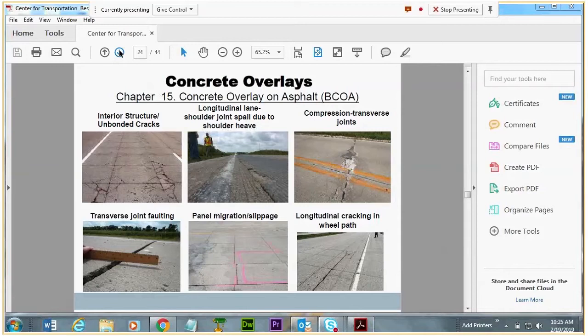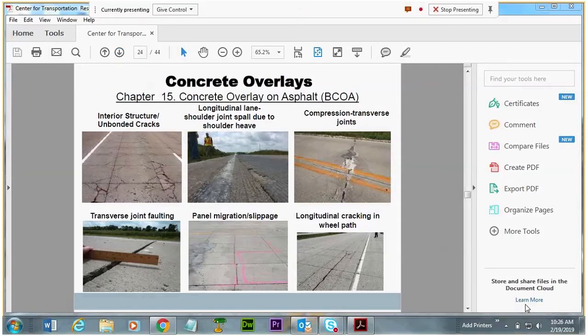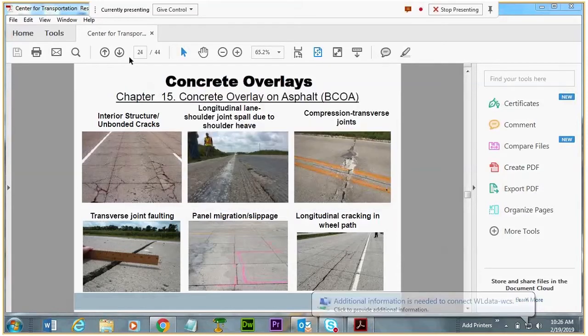You can see down in the lower left-hand corner some transverse joint folding. I know Tom Perham has been interested in that. We've seen some panel migration and slippage with bonded overlays over asphalt, and some longitudinal wheel cracking in the wheel path. Next slide.